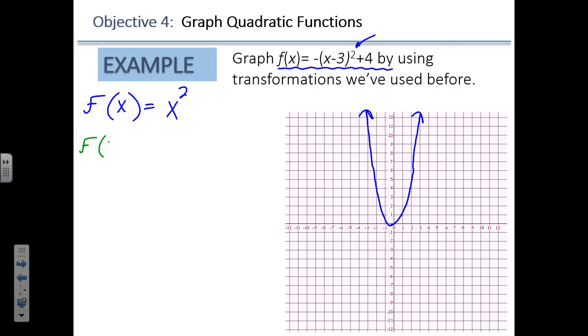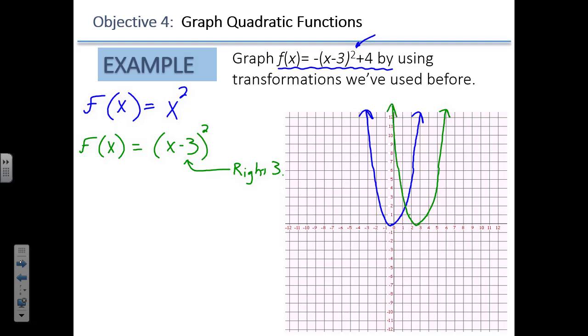The first transformation we would apply, by the order of operations, is to apply the parentheses and make that (x - 3) squared. Now, what would that do to our base function? Well, that negative 3 on the inside does what? Move it left, right, up, or down? Well, that moves it to the right 3 units. And so that would take our base parabola and move it 3 units to the right, so that our parabola would now be right about there.